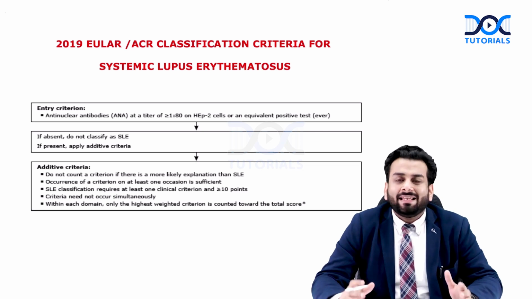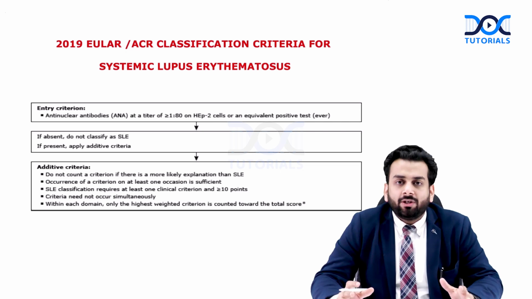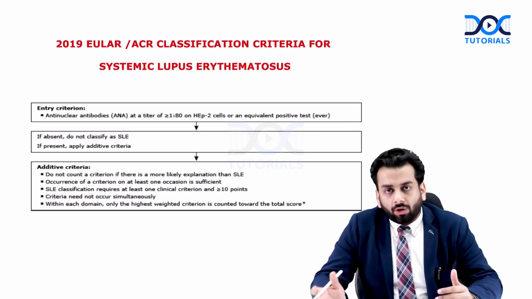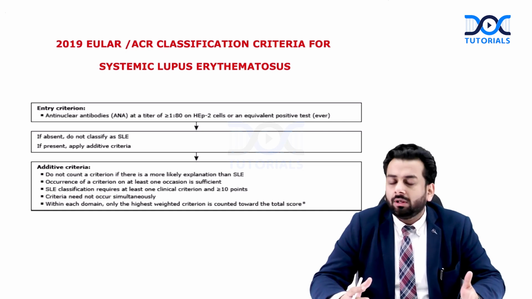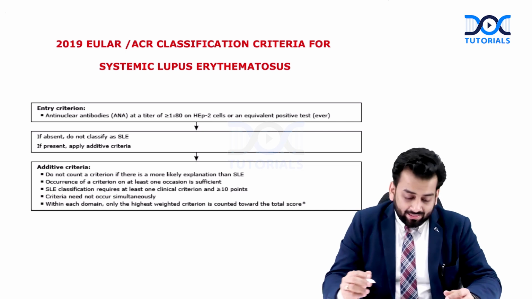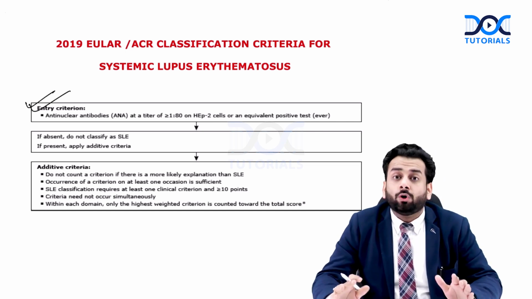And there have been very many important changes that will be asked very, very commonly in your super specialty entrance exam, be it in your nephrology portion or be it in your medicine portion, but it is very, very vital to know. First of all, there has been inclusion of an entry criteria which was previously not there.